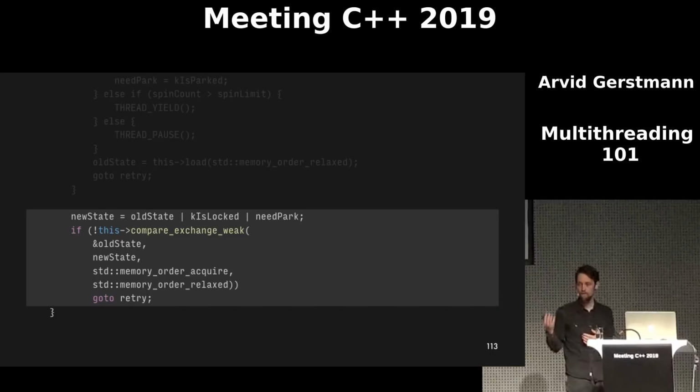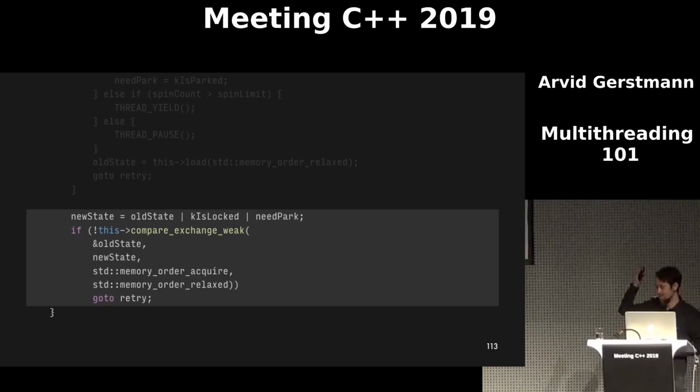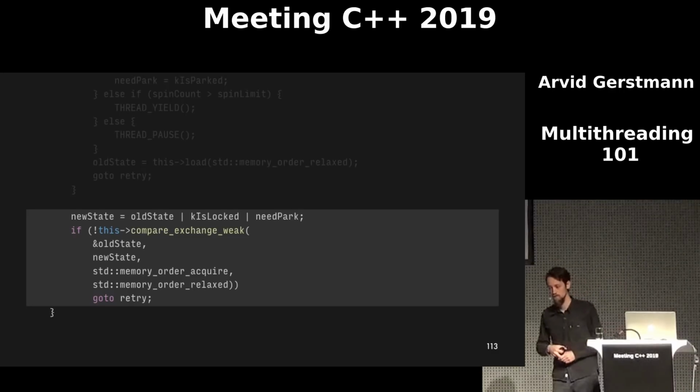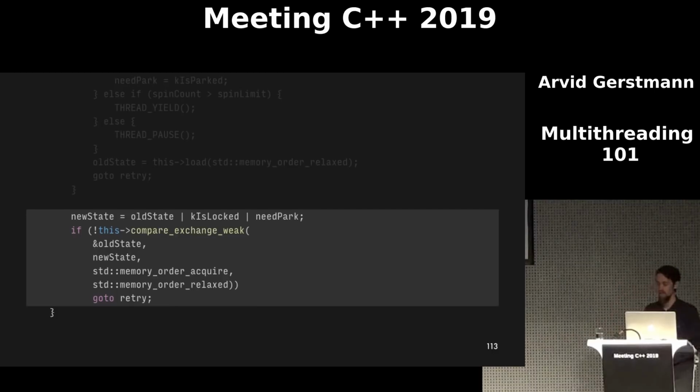We've acquired the lock finally after all this ordeal. If we still can't change this, we go back again, because someone else acquired the lock before us and we were too slow, and we start the whole ordeal again. But if everything went well, we've acquired the lock, and we drop out of this function and can finally access our shared resource.